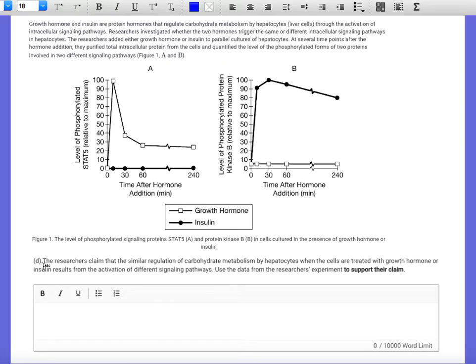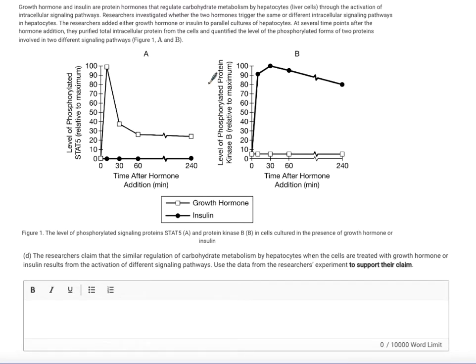All right, so the researchers claim that similar regulation of carbohydrate metabolism by hepatocytes when the cells are treated with growth hormone or insulin results from the activation of different signaling pathways. Use data from the researchers' experiment to support this claim. Okay, great. So when you look at the Y or the vertical axis here, what you should notice is that there are different proteins, right?